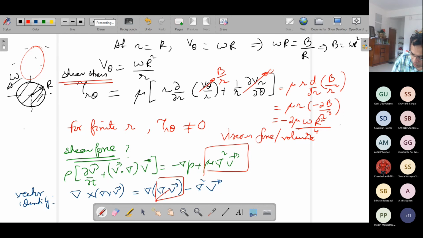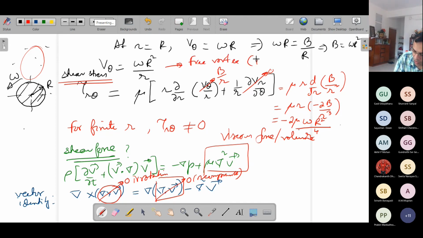See, this is 0 for incompressible flow, right? And this is 0 for irrotational flow. Irrotational flow means there is no vorticity or rotation. So see, this is v theta proportional to 1 by r. This is free vortex, and this is irrotational flow.